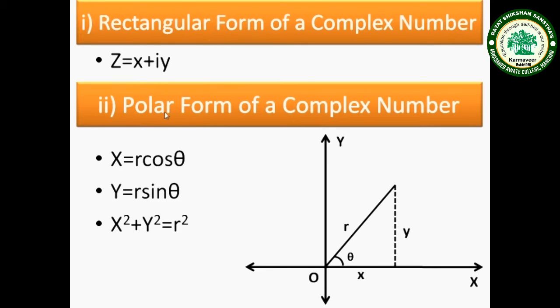And for the polar form of a complex number, in 2 dimensions as we have shown here, we have used 2 polar coordinates, that is r and theta.